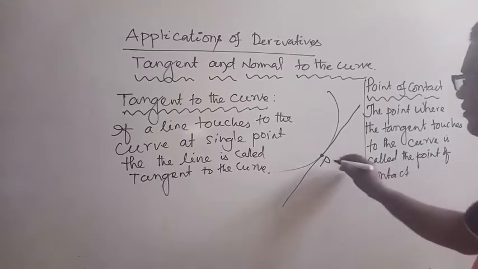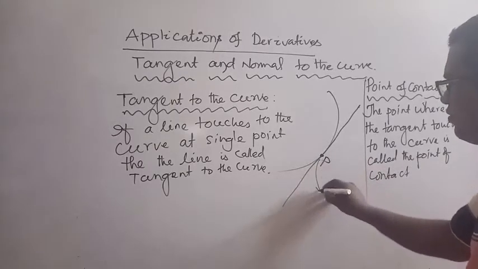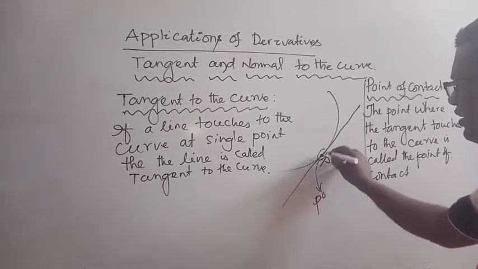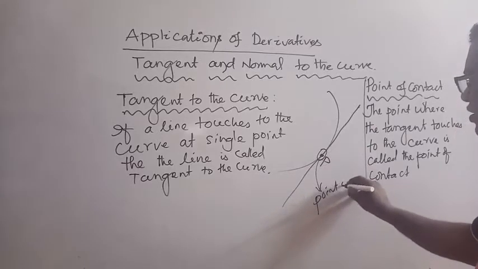In the figure, this point P is called the point of contact. Clear?